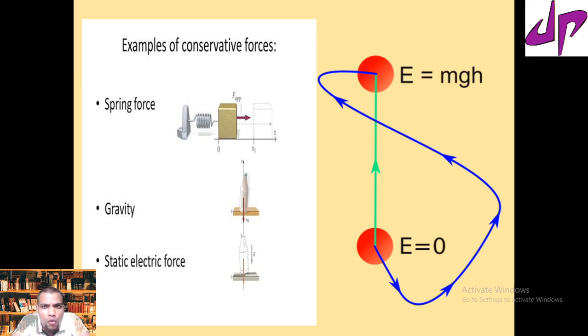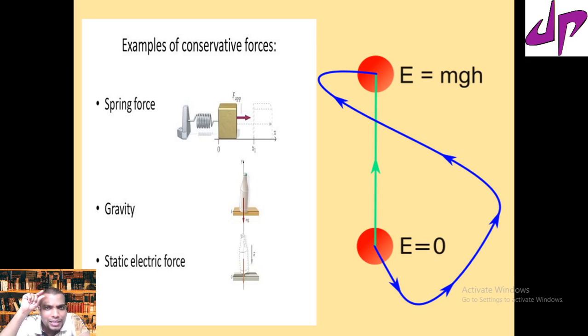Suppose you are moving an object from the bottom to the top in the given picture. You can choose two paths, one is the green path, another one is the blue path. Even if you choose any path, the energy at that point is mgh. It means the conservative forces do not depend on the path we have chosen.